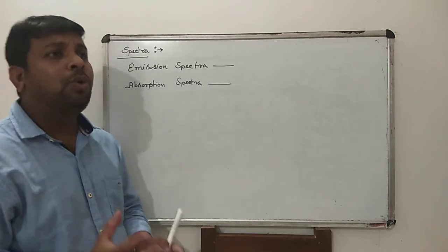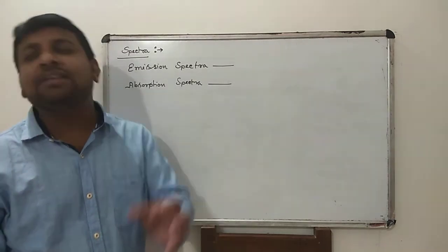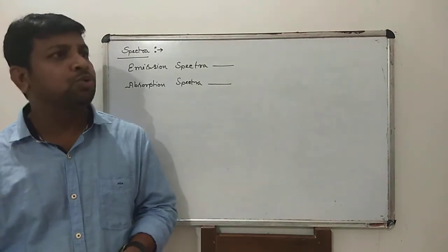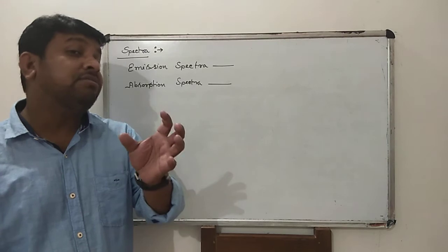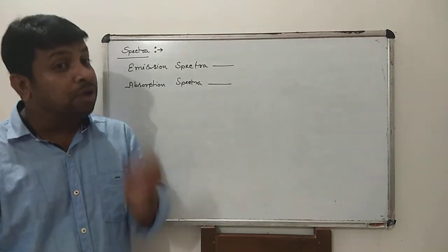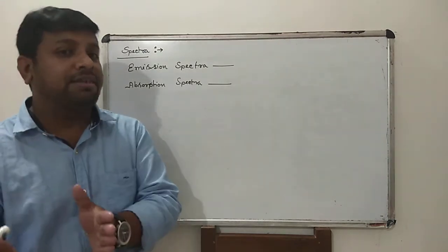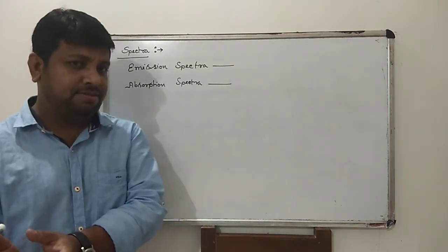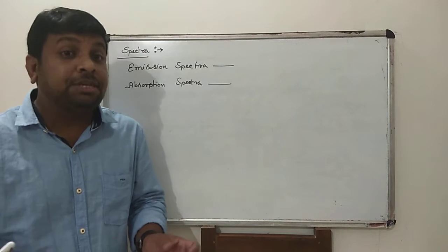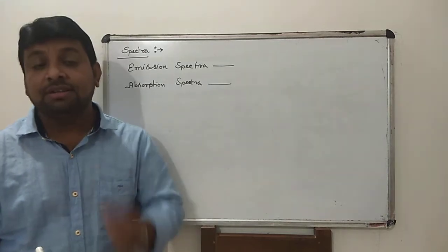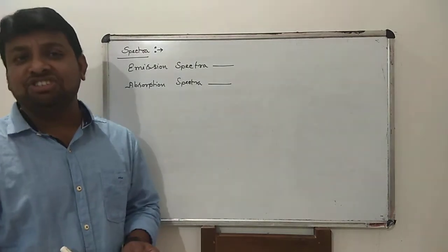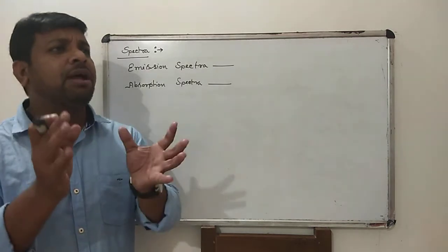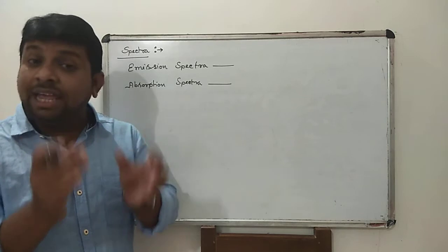So actually, what is spectral series? Spectral series means the spectrum of an element has wavelengths with definite regularities, which can be classified into groups. They are known as spectral series.